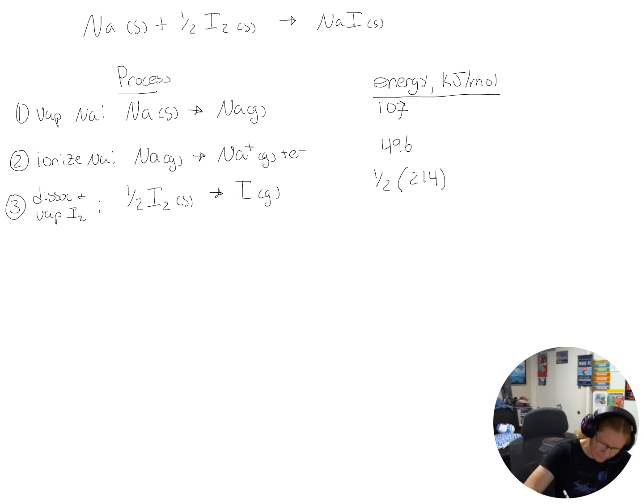Okay. We need the electron affinity. And that's going to be negative 300. And then lastly, we need the lattice energy.